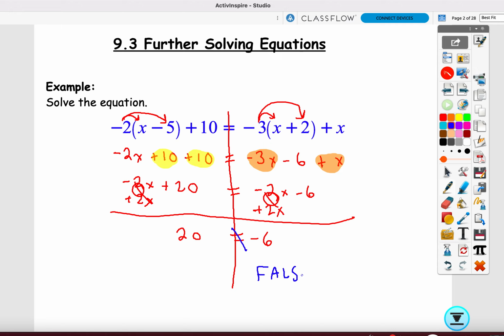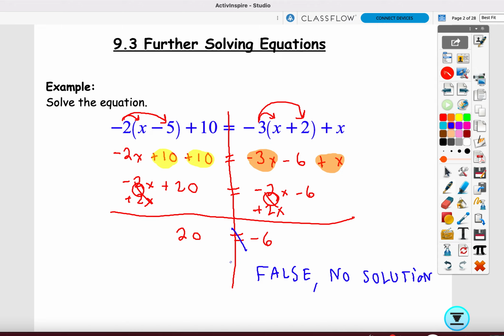When we get a false statement in an equation, guys, that's going to be no solution. What no solution means is there is no number that we can plug in here and get the left side to equal the right side, because we're going to get a false statement no matter what x value we pick.